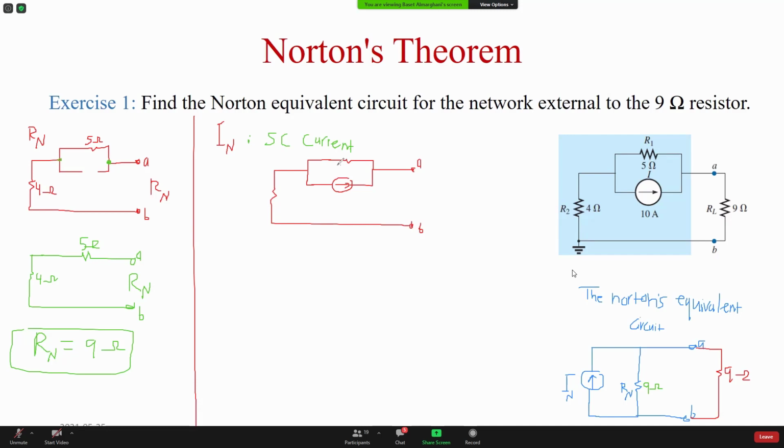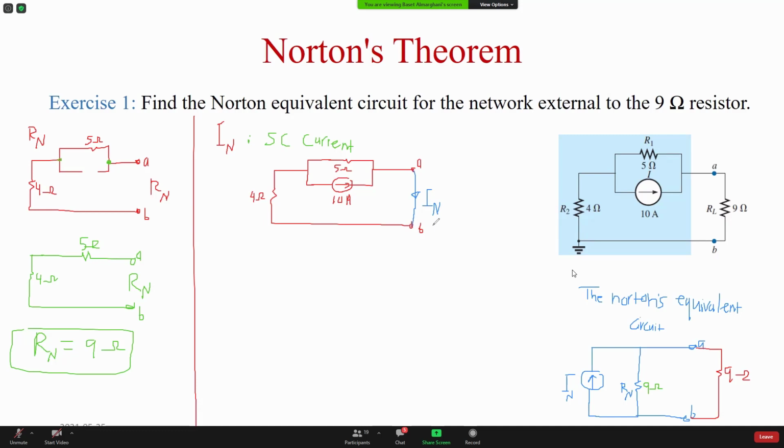That is the 5 ohm, this is 10 ampere, this is the 4 ohm. Now I put a short circuit between the terminals and find the current in that short circuit, which is I Norton.